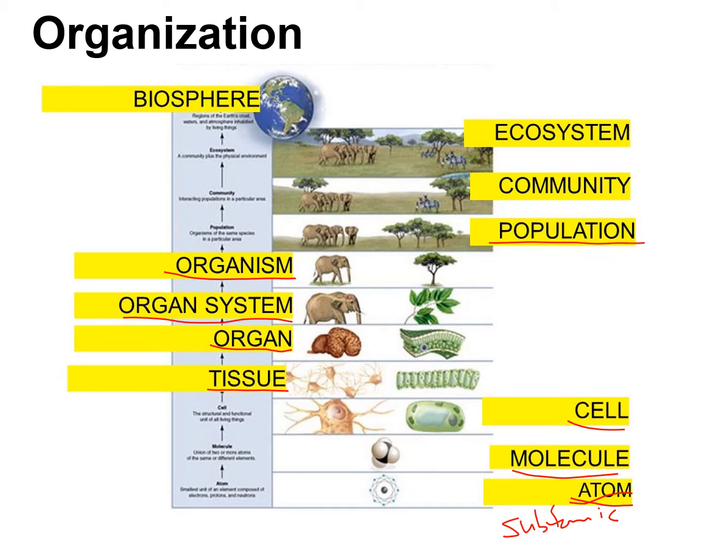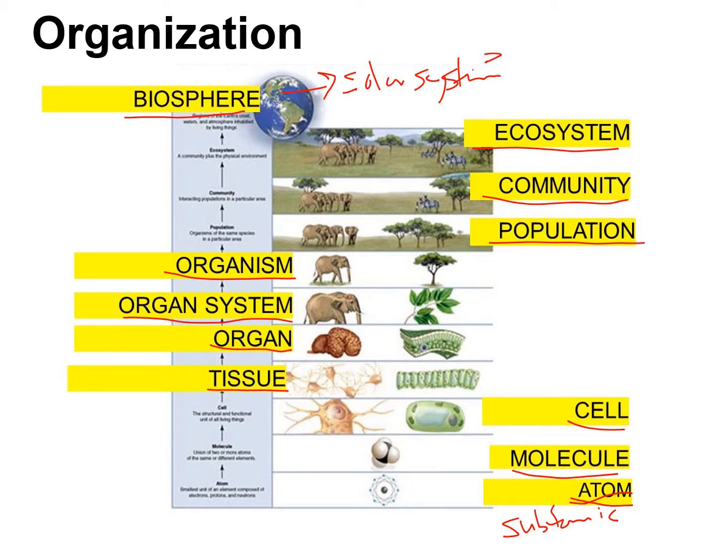Different populations, different species interacting with each other, form a community, and then several different types of communities can form an ecosystem. And then all the ecosystems that we know, you put them together, you get the biosphere, which is the Earth. And actually, you can go to a higher level with the solar system, which is a grouping of the different planets and moons, the satellites.